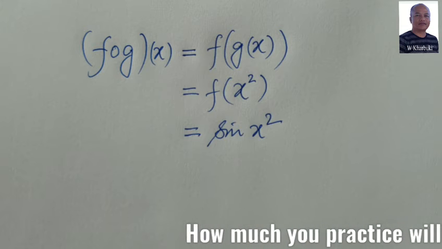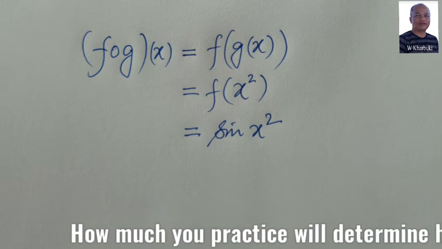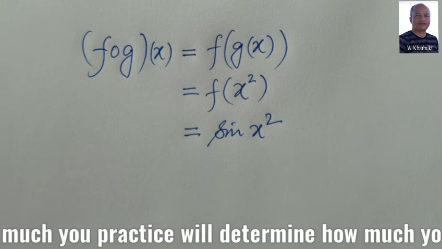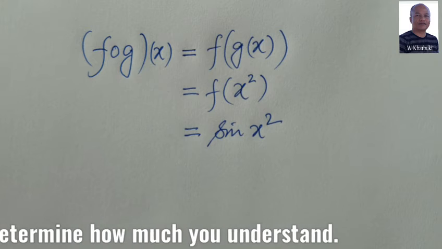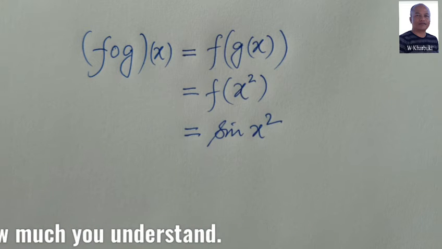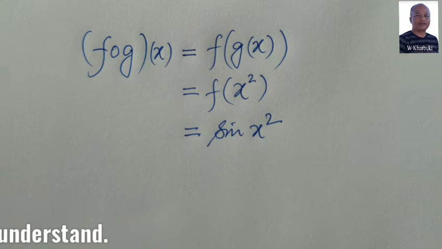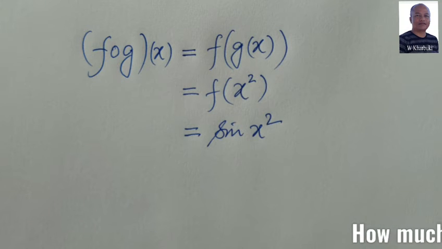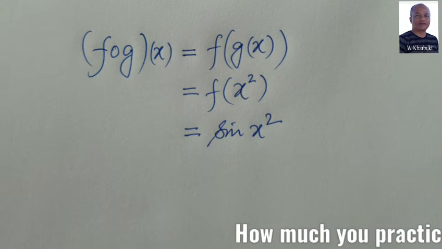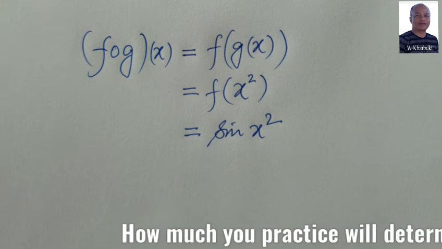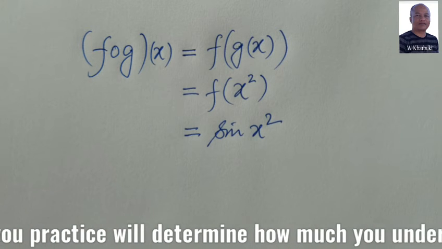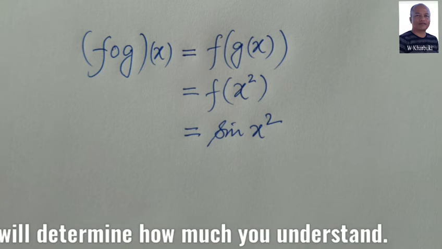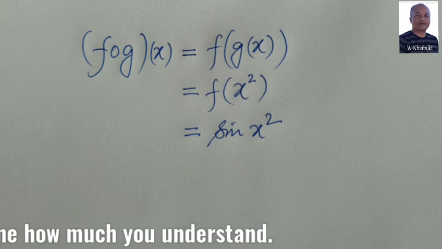So f composite g of x can be written as f of g of x on the other side, and we know that under g, x will be associated with x squared, so g of x will be x squared, and under f, x squared will be sine of x squared. So that is f composite g of x. Now you can try on your own to find out g composite f of x.